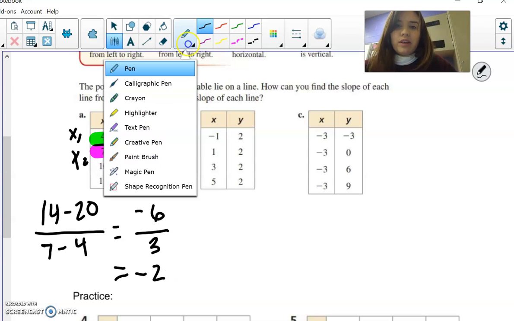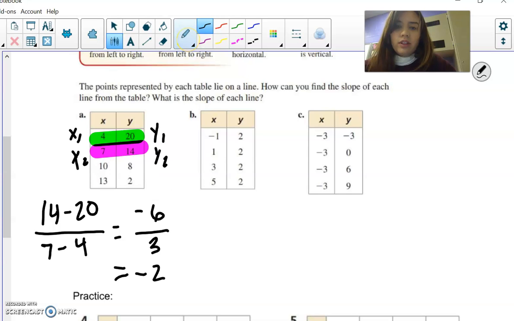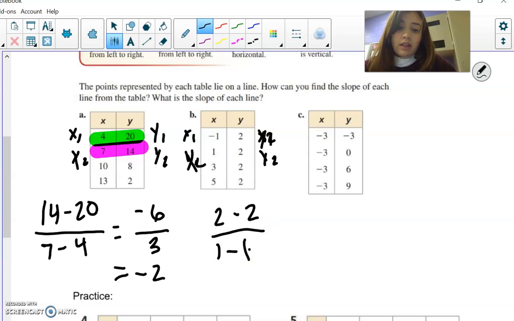And then for B, we're going to take the same steps. We have x1, y1, x2, and y2. So we're going to take 2 minus 2 over 1 minus a negative 1. 2 minus 2 is 0. 1 minus a negative 1, whenever I see that, subtracting a negative is just like adding a positive.